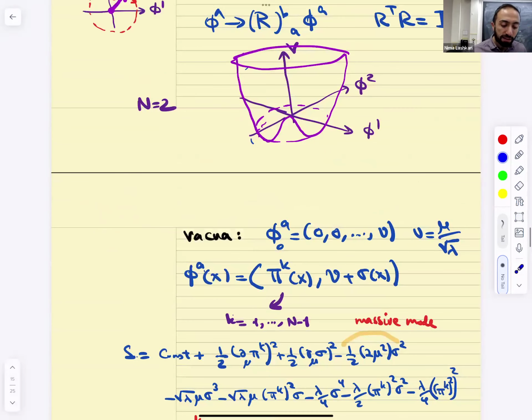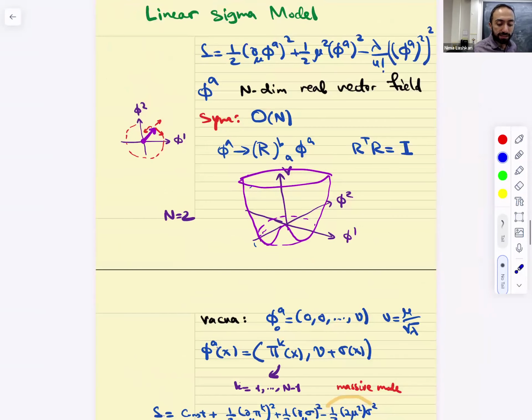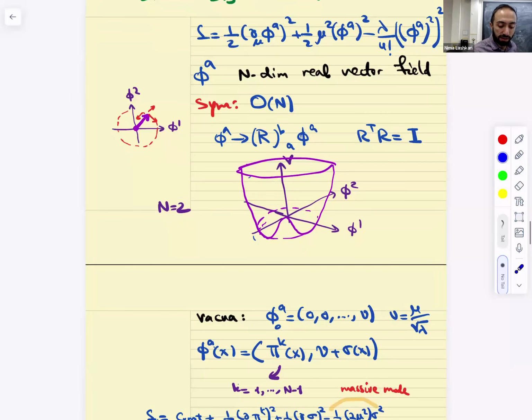All right, so what does it mean to have spontaneous symmetry breaking? It means that you look at the vacuum of this Lagrangian, the minima of this potential. Any vector of length v, which is mu over square root lambda, would be a minimum of the potential. That vector could be in this direction, could be in that direction. They all have the lowest energy.